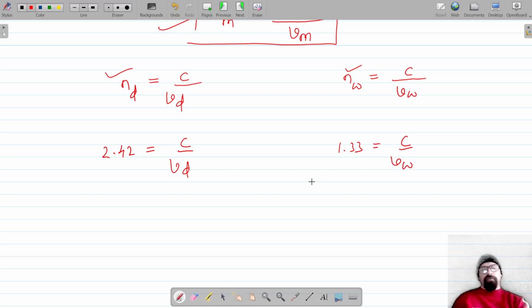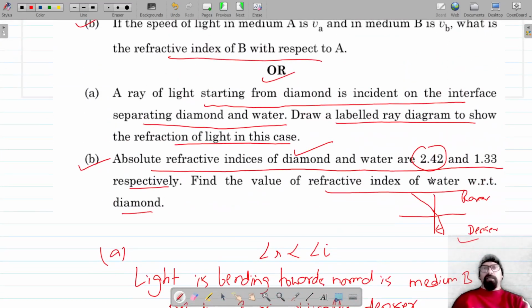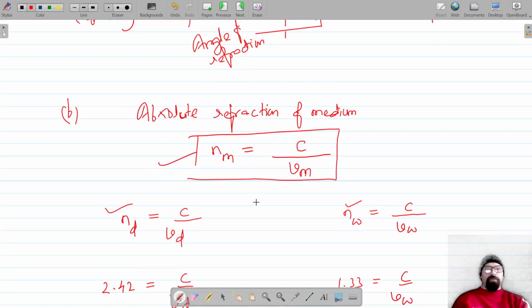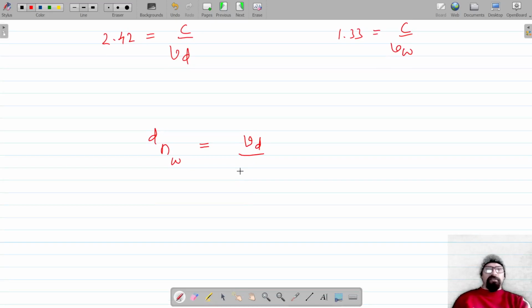Now, what are we supposed to find out? We are supposed to find out the refractive index of water with respect to diamond. That means it will be the speed of light in diamond divided by the speed of light in water.